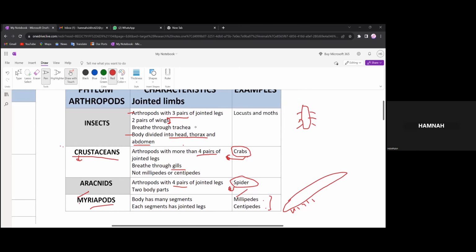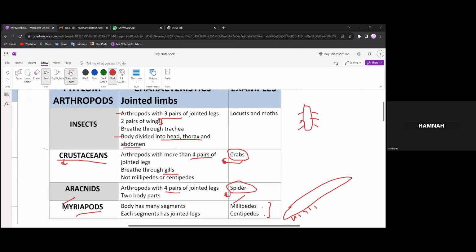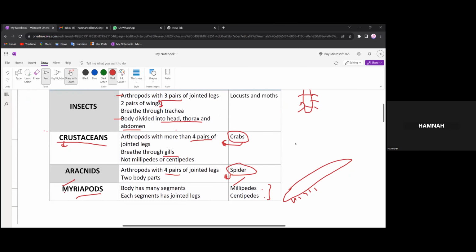When I said insects, an insect's body is divided into head, thorax, and abdomen. When you see an insect, it has a head, then a thorax, then an abdomen: three parts. When you see a myriapod, like a millipede or centipede, they have so many segments in their bodies.